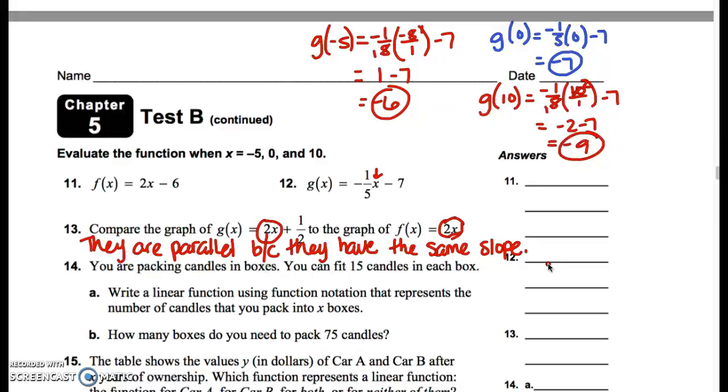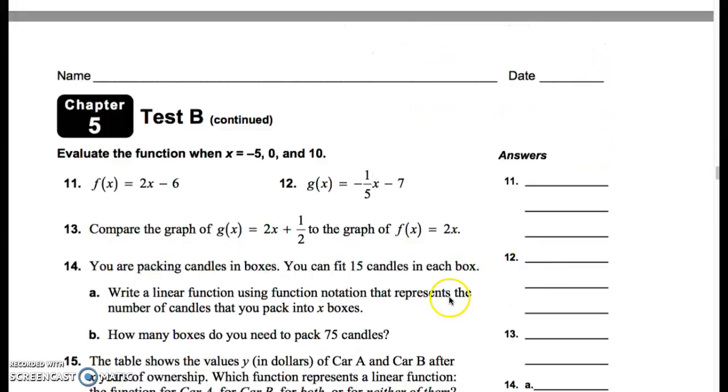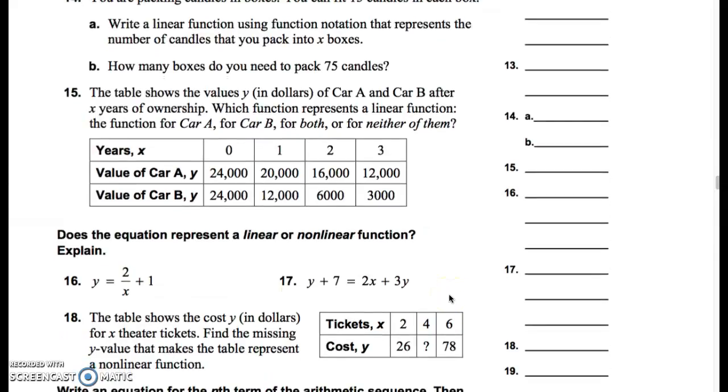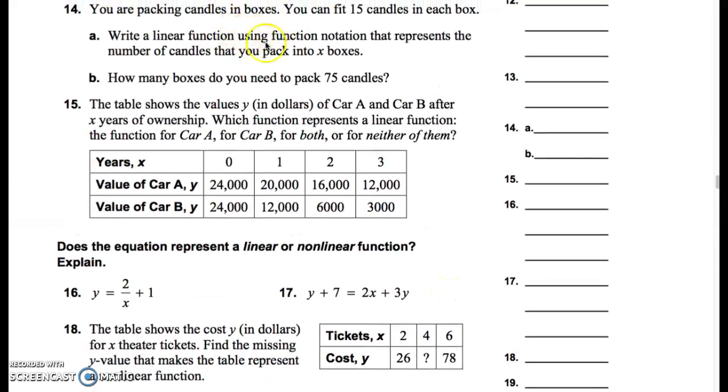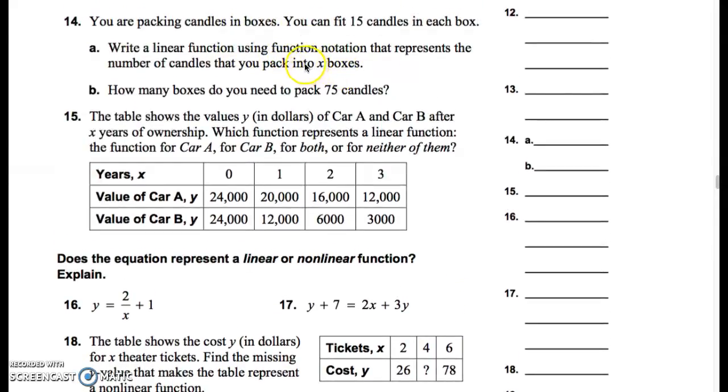Okay, then number 14, we have, says you're packing candles in a box. You can fit 15 candles in each box. Okay, so part A says to write a linear function using function notation that represents the number of candles that you pack into X boxes.